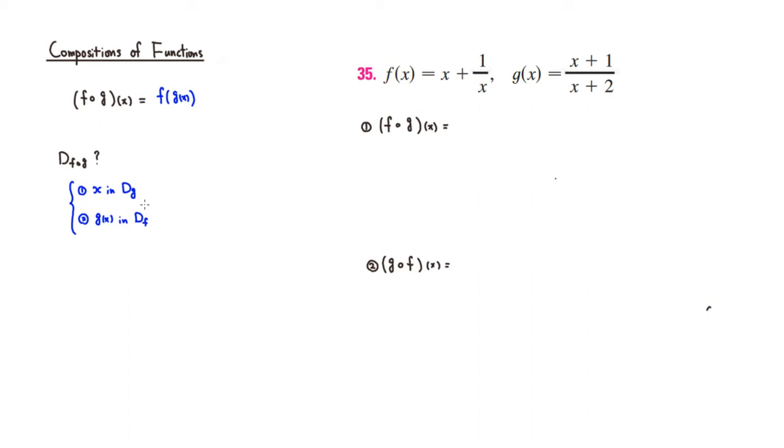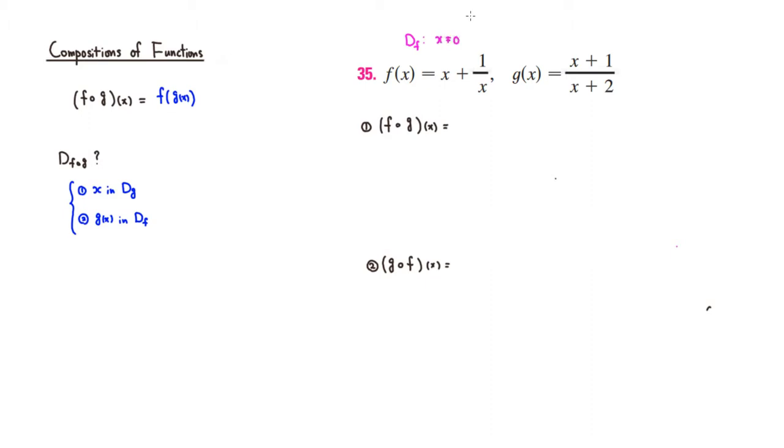So let's look at this example, number 35. f of x is equal to x plus 1 over x. The domain of this is fairly easy to find because here we have to make sure that the denominator is non-zero. So domain of f is x cannot be equal to 0.